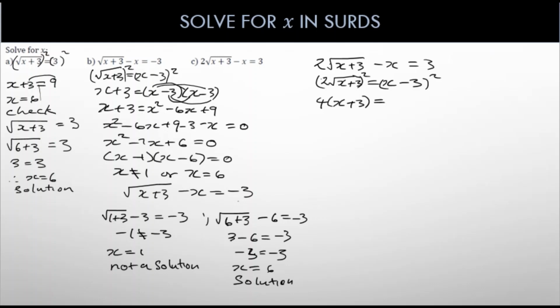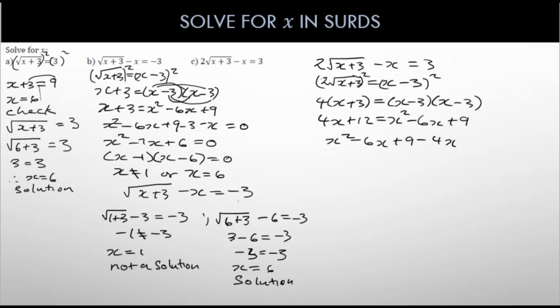Then I'll have to say x minus 3 multiplied by x minus 3, and on this side I have 4x plus 12 is equal to x squared minus 6x plus 9, and then the standard form of that is x squared minus 6x plus 9, and then take 4 to the other side, negative 4x, take negative 12, is equal to 0.